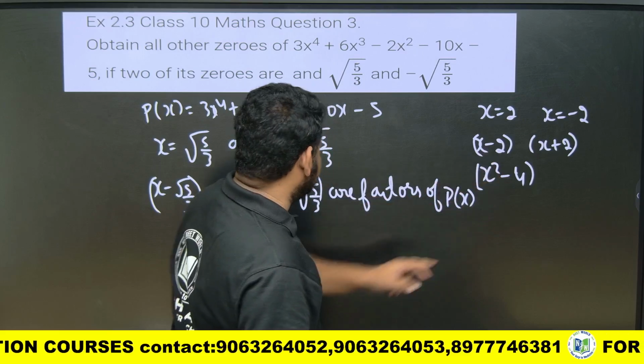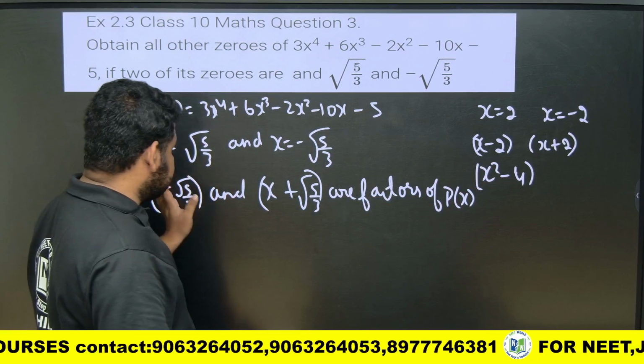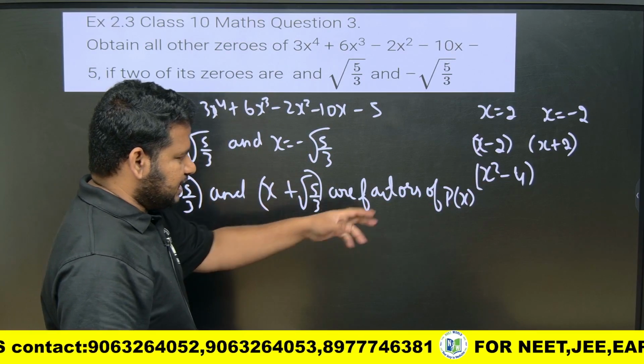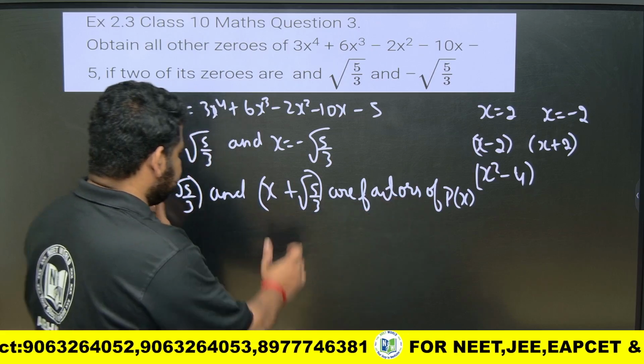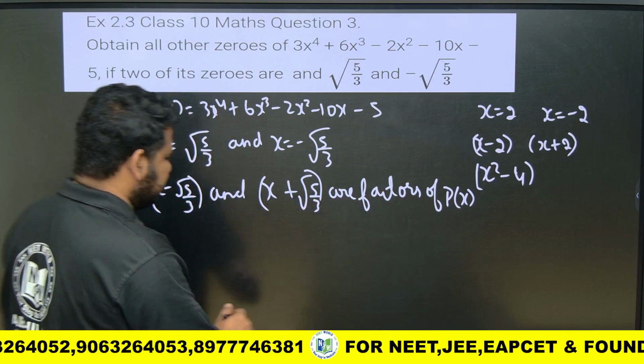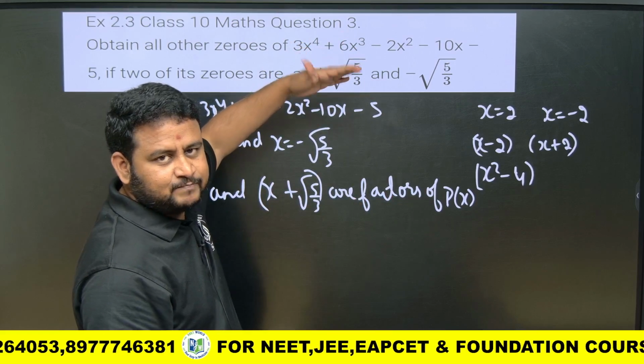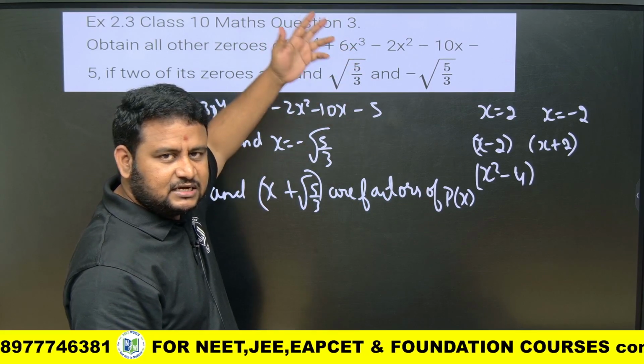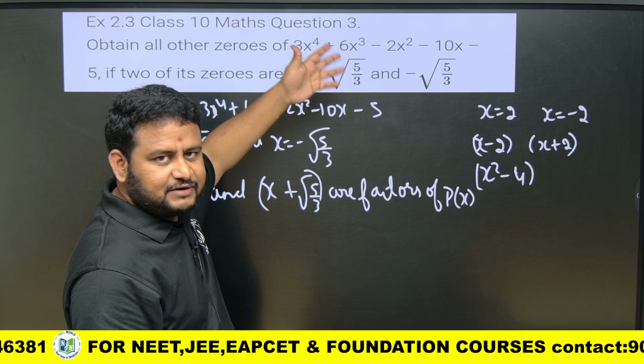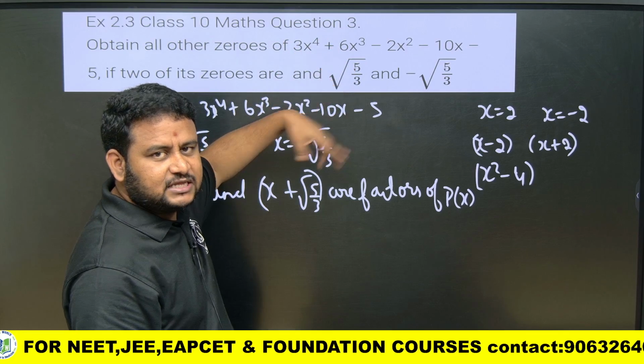Similarly, x minus root 5 by 3, x plus root 5 by 3 are factors of p of x. If I multiply these and divide p of x by that, I will get another quadratic equation. Another quadratic equation means another degree 2, which means another 2 zeros.